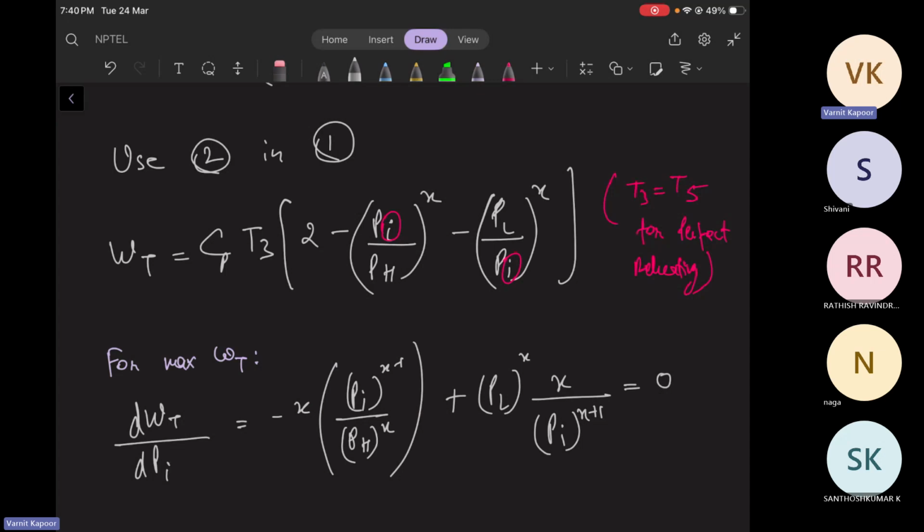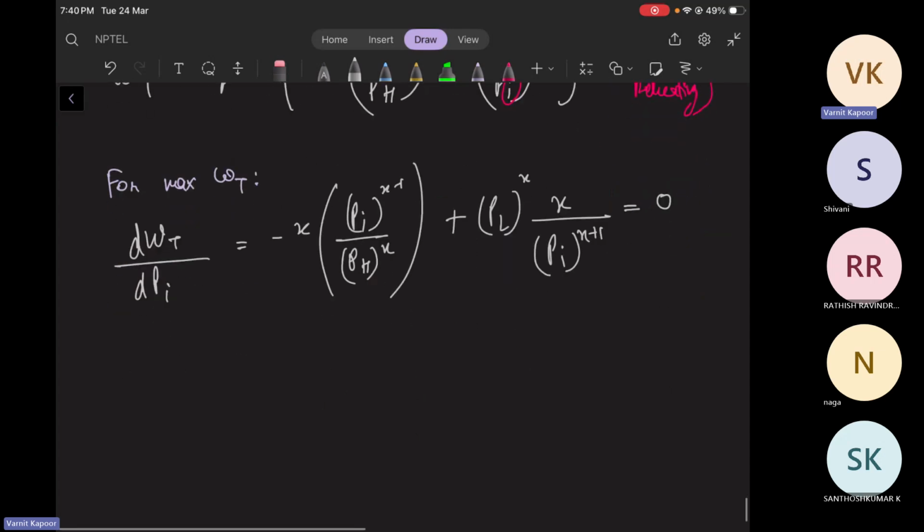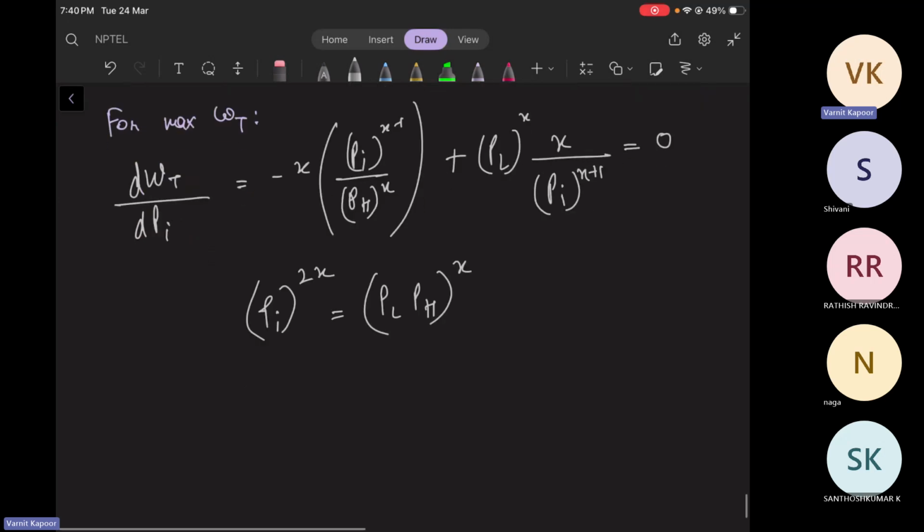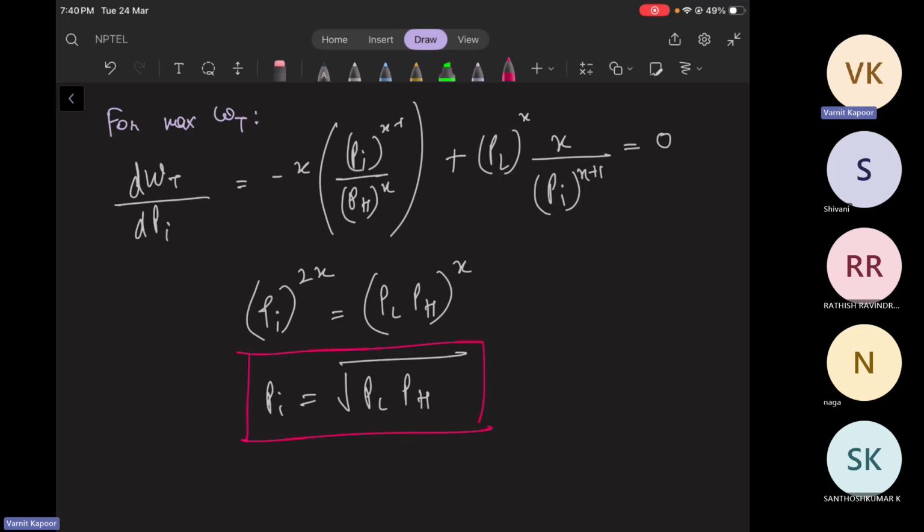So the differentiation should be equal to 0 for getting the maximum value. On simplification, you will get Pi to the power of 2x equal to P lower times P higher to the power of x. And from here, your P intermediate will come out to be the square root of P lower into P higher. This is the condition for maximum work.